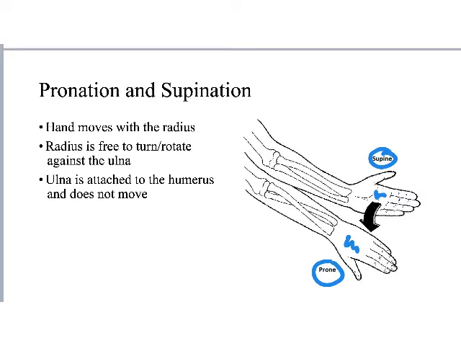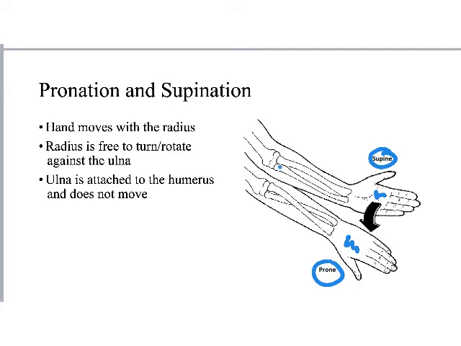And here is why. Remember I told you how the head of the radius was kind of funny shaped? It looks like a disc. Now this pronation and supination is where that becomes important. So this becomes another example of how structure creates function. Because the structure of that bone is funny, is disc-shaped, it allows that disc to rotate in the joint, in the proximal radial ulnar joint, and it allows the radius to twist and actually turn over.